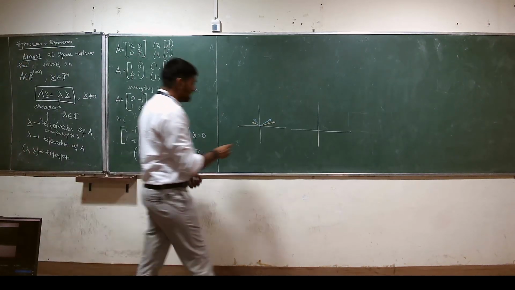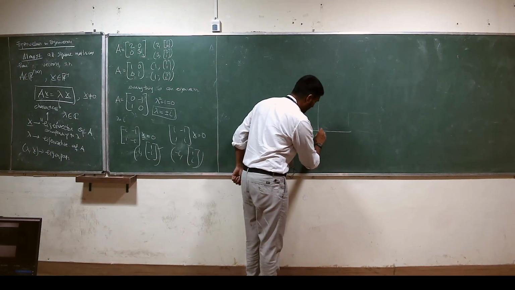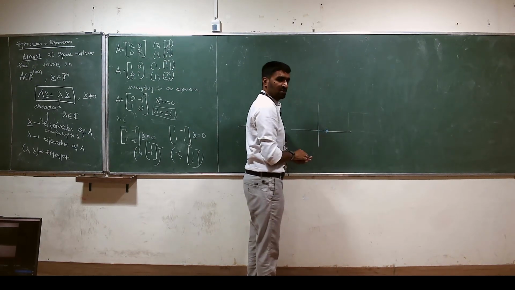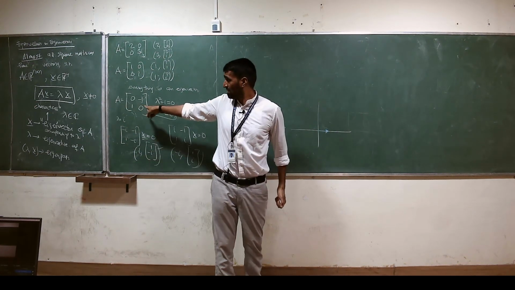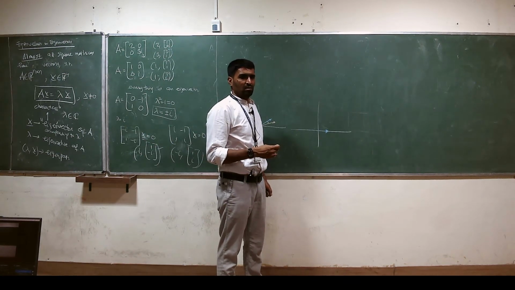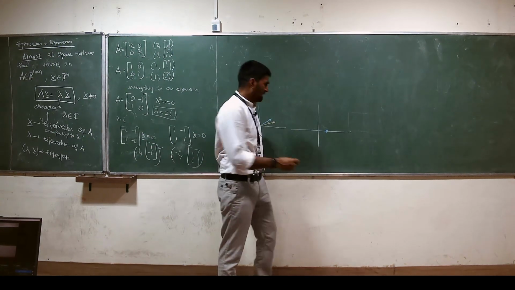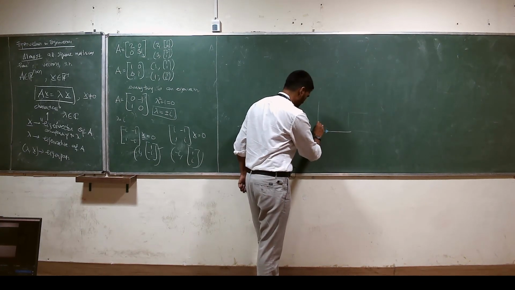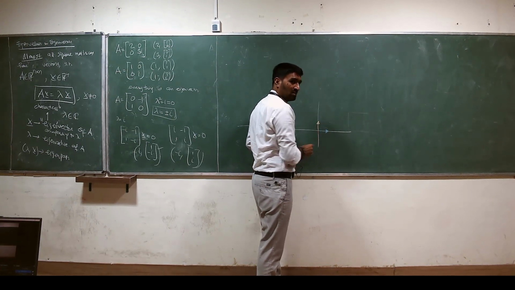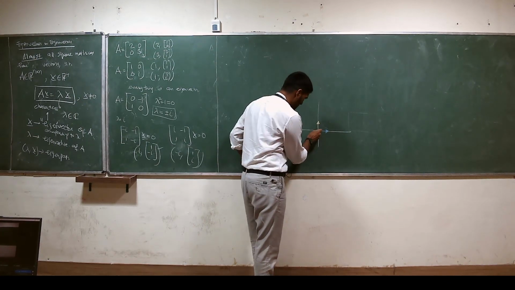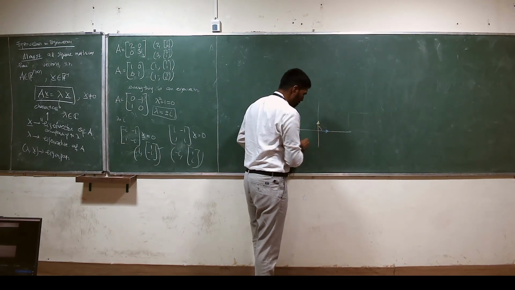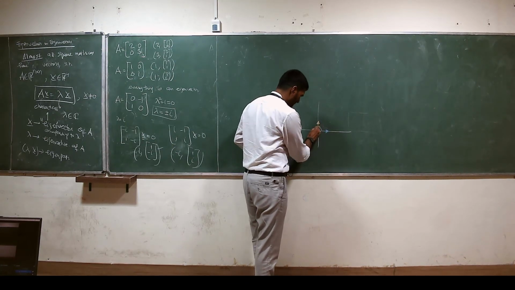Let's figure out by looking at what happens to E1. What happens to E1 if you apply that matrix? Zero, 1. It becomes this. What happens to E2? So this goes here and this one comes down.